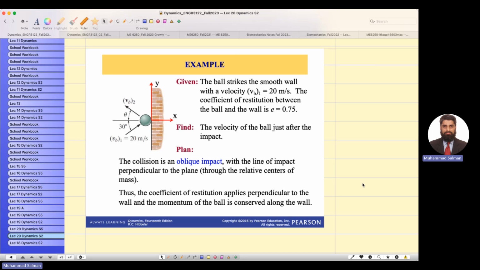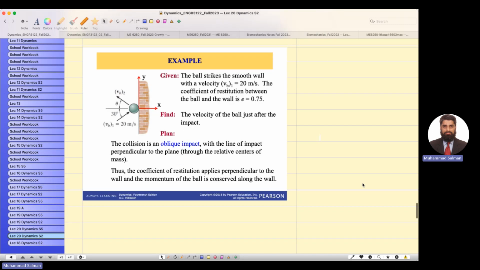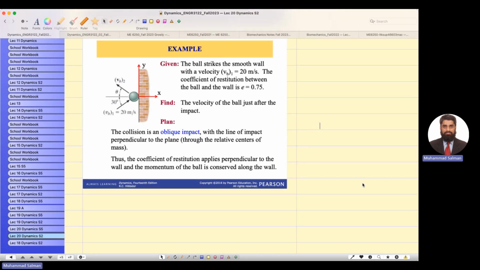Here, the ball is striking a smooth wall with a velocity VB1. Let me ask you, is it an oblique impact or a central impact? Good. This is an oblique impact, so we will have four equations. I'm going to show you each equation one by one.